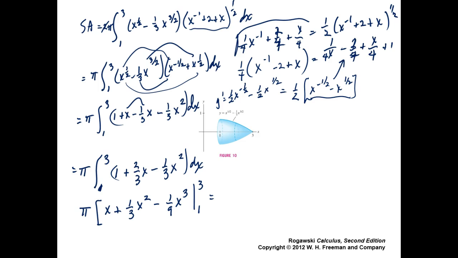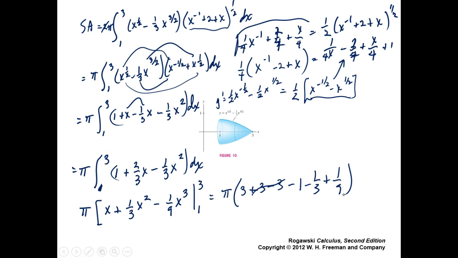Okay. All right, that's going to be a pi out front, and then you're going to have a 3 plus 3, right, minus, is that a 3? Okay, that last 3 minus 3, I'm going to make a 0 there. Then we're going to have a minus 1 minus 1/3 plus 1/9.